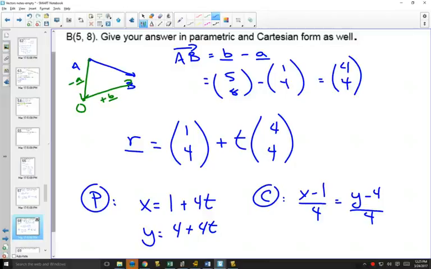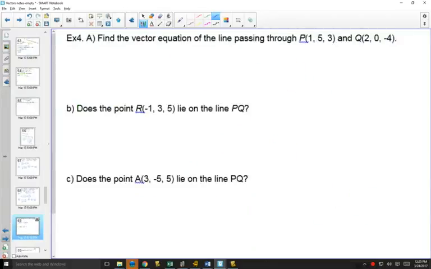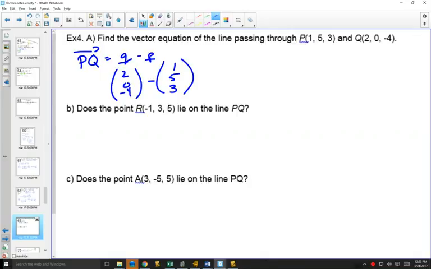So then we can have some fun with 3 dimensions. Going from P to Q will be Q minus P, or (2, 0, -4) minus (1, 5, 3). There's our direction vector.